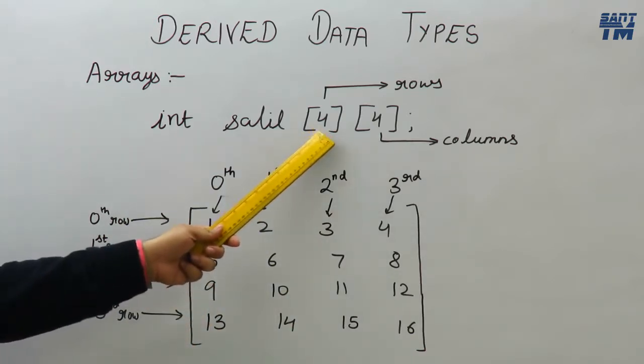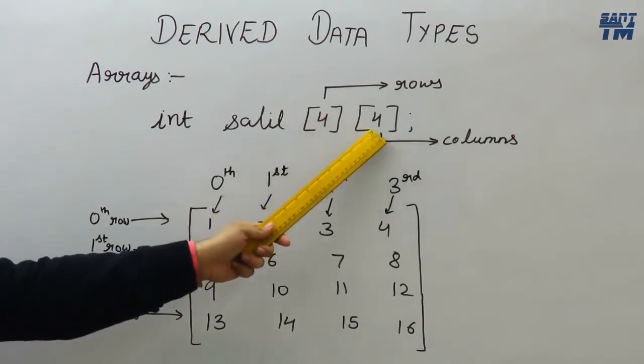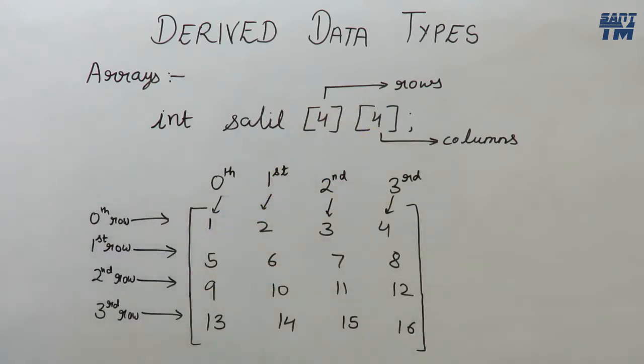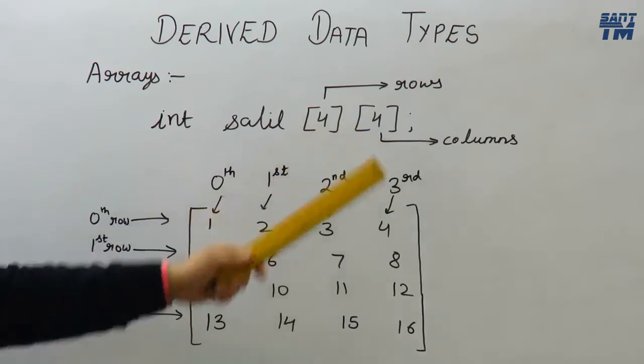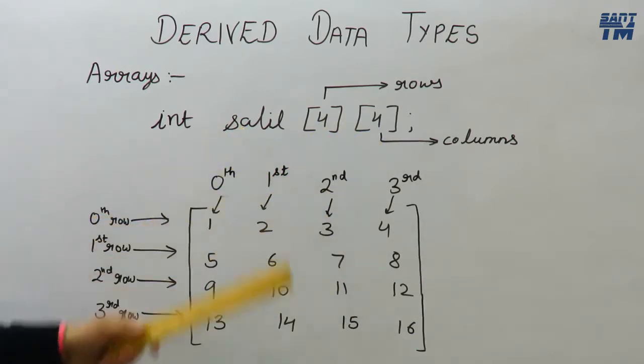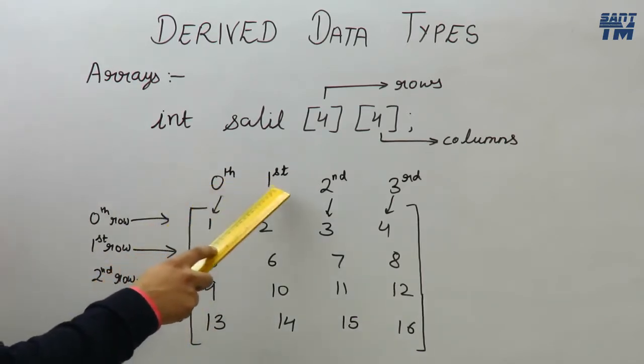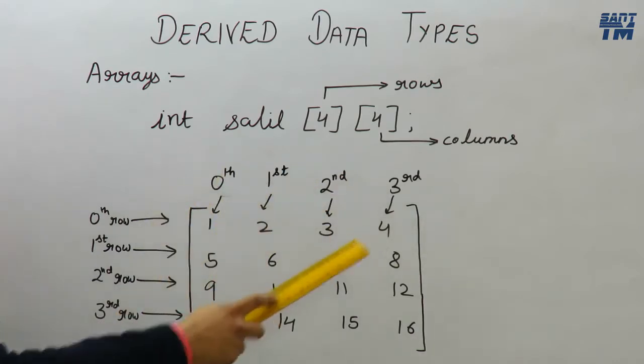The first bracket will include the number of rows, and the second bracket will include the number of columns. Here I have written 4 and 4. That means the list Salil will have 4 rows and 4 columns. Here is the example: 0th row, first row, second row, third row, 4 rows, and 0th column, first column, second column, third column, 4 columns.